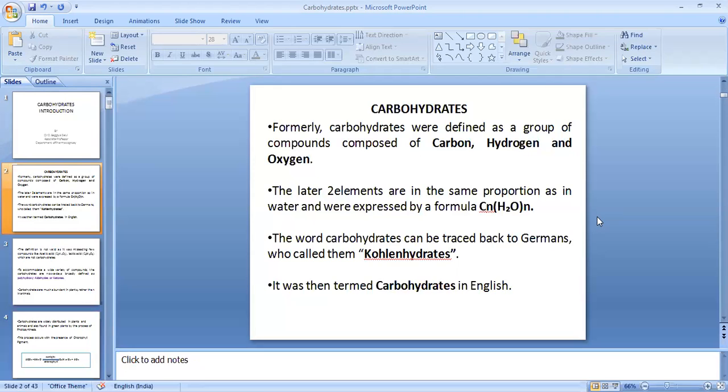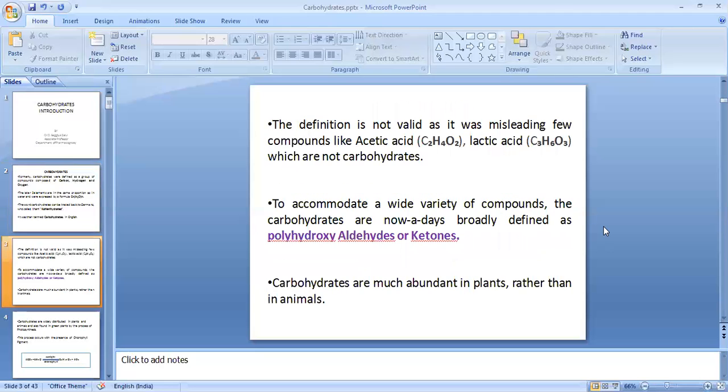The word carbohydrates was traced from the German word Kohlenhydrate, which means carbohydrates in English. The former definition of carbohydrates, consisting of the three elements carbon, hydrogen, and oxygen with the formula Cn(H2O)n, is not valid and was misleading when we see a few compounds like acetic acid and lactic acid.